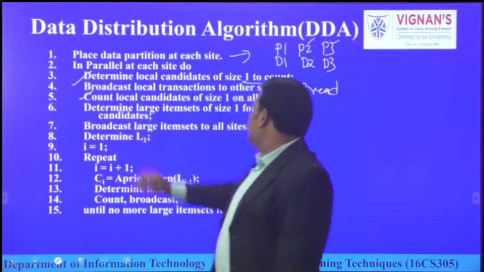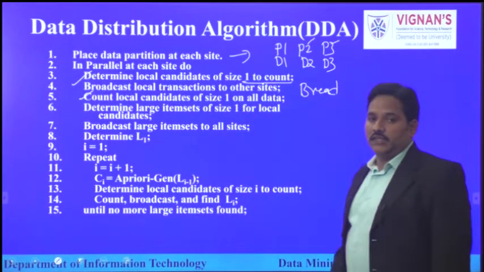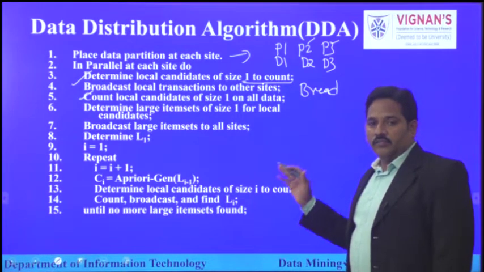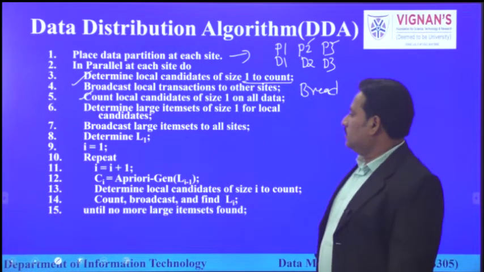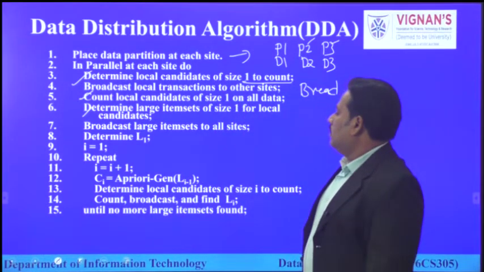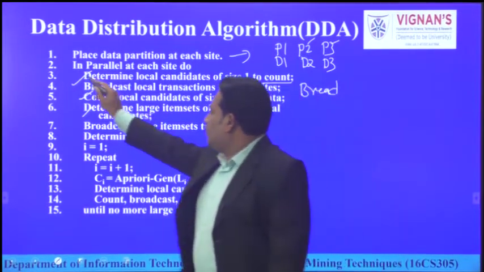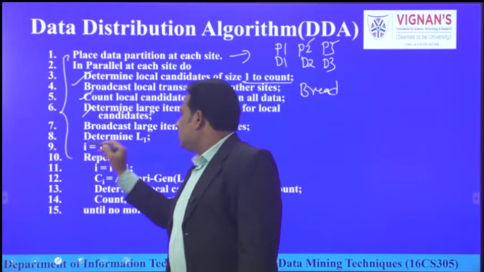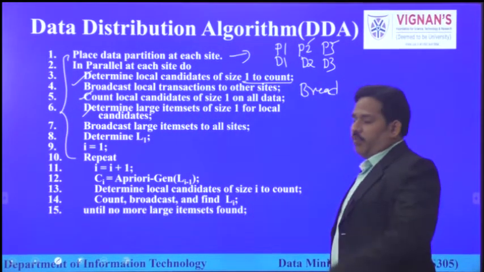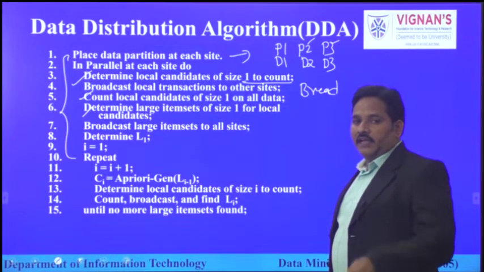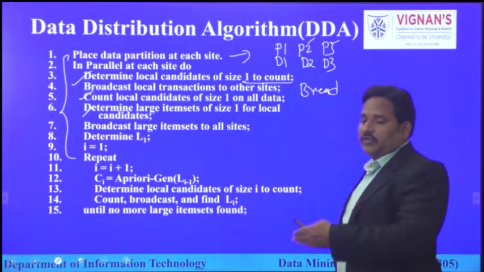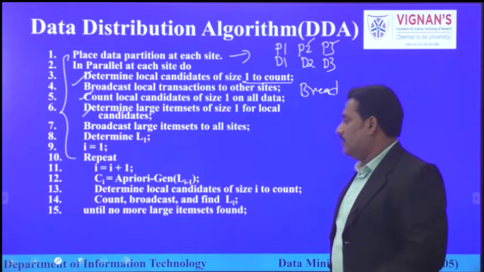Count the local candidates of size 1 on all the sites. That means take the count of all one-item sets in all three partitions, and determine the large item sets. If you look at the steps from step 2 to step 9, we are applying candidate selection and candidate generation based on the partitioning by splitting the data.